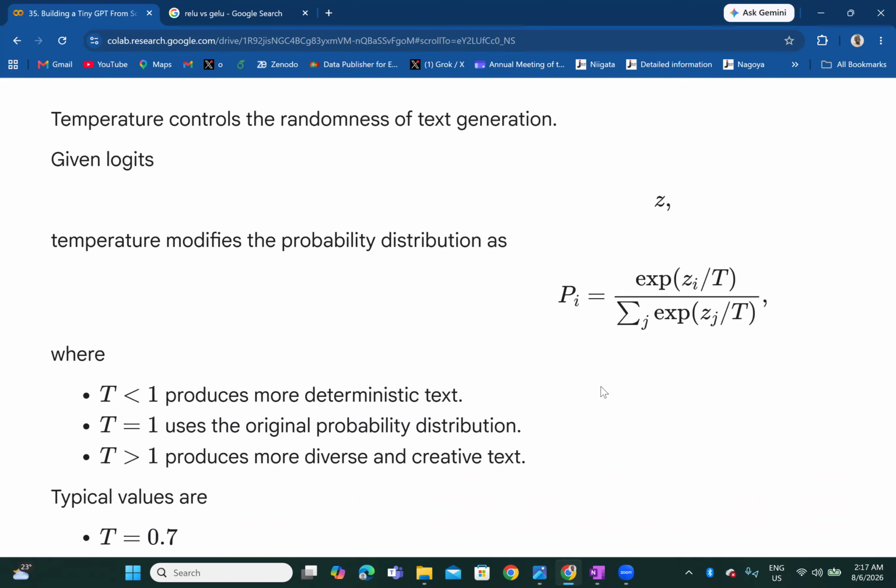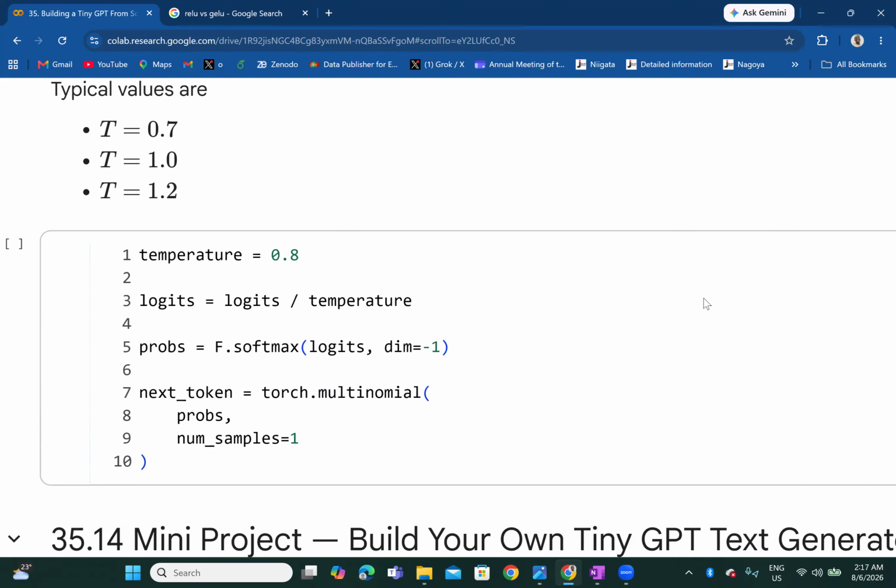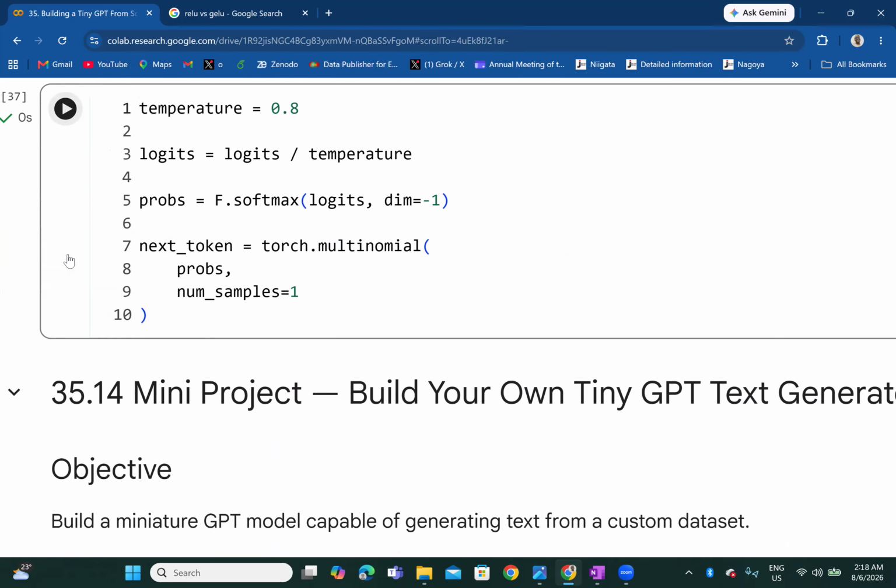So instead of computing the softmax based on just exponent z, it's now exponent z over temperature. So imagine you have a temperature of 0.8 and then you have logits. Now logits over temperature, then you calculate the softmax of the new logits that have been divided by temperature. So that calls for better creativity.